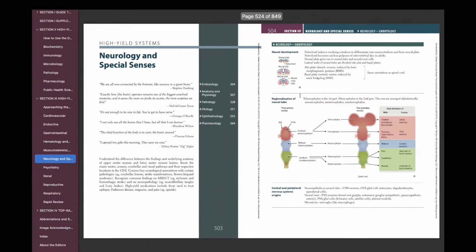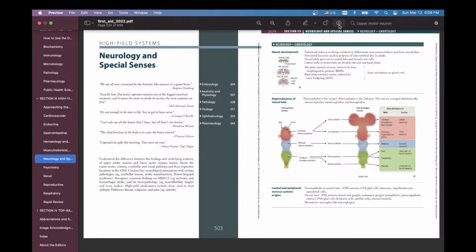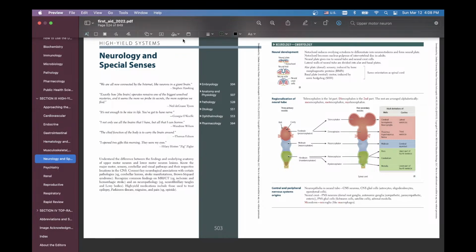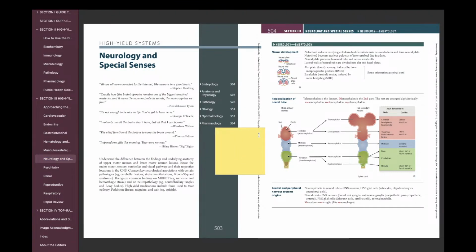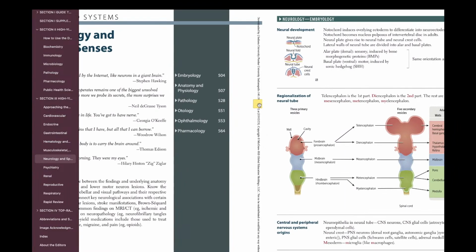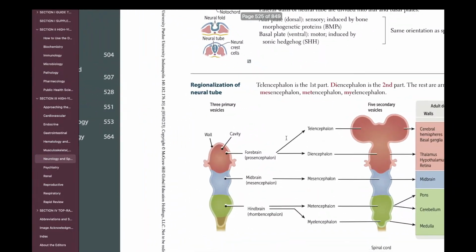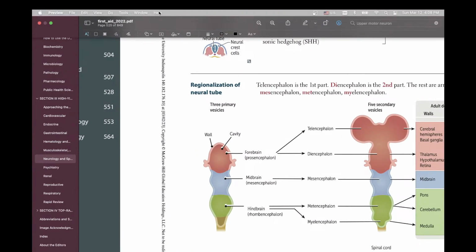Actually, can I make quick notes on here? I don't know. No. We deleted the note. I want to add a note here. How do I annotate note again?